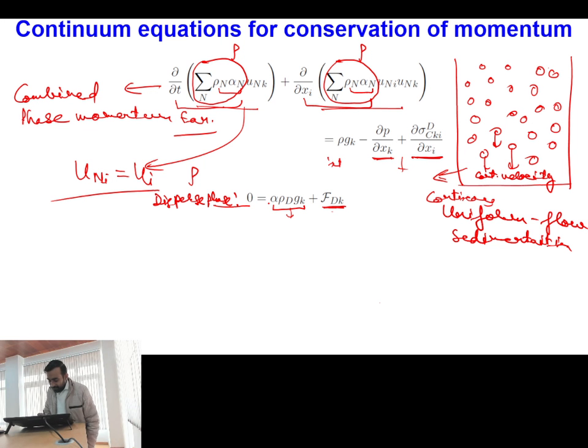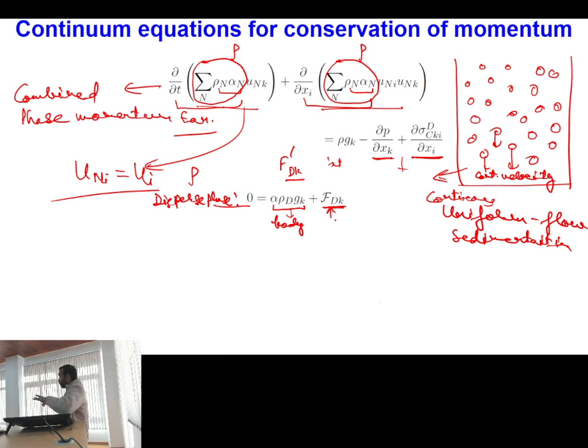Then the second part is, in the right hand side I now have three sets of forces. One is body force, which I have written over here. Second is the interaction force acting on the dispersed phase because of the surrounding continuous phase, that is FDK. And third is surface force. Form drag I was separating when I was using the symbol F dash.